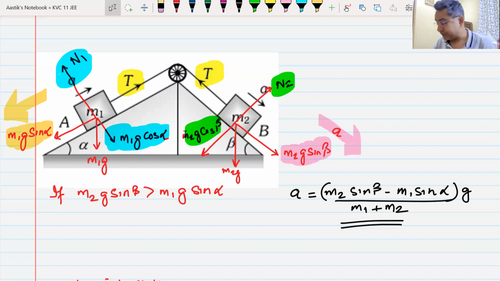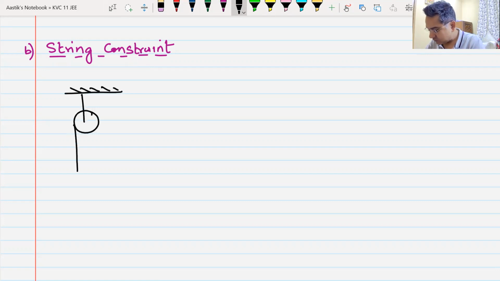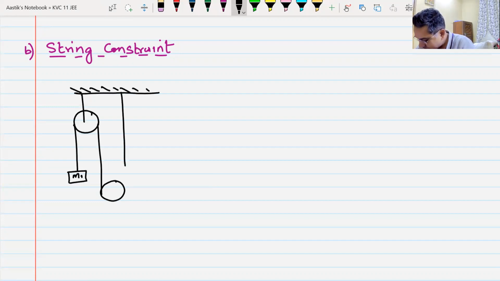So I'll make my own diagram to make you understand how they can have one string here, one pulley here, one mass M1 here. This is the simplest diagram that makes us understand this concept. This takes time to draw, and I don't want to waste any time.